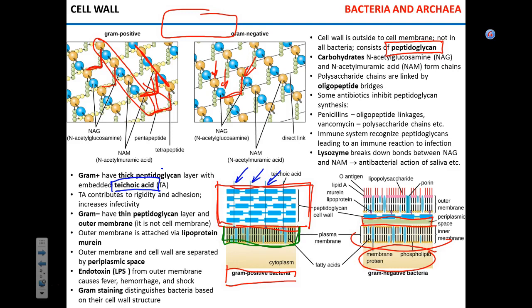It's sort of a marker for our own immune system to distinguish gram-positive bacteria from gram-negative ones. Teichoic acid can contribute to the adhesion of bacterial cells to surfaces and generally increases the ability of bacteria to infect cells or organisms. Any questions about gram-positive?